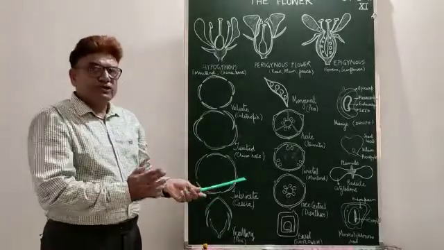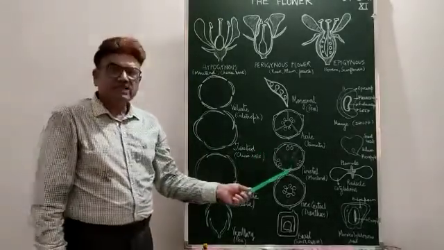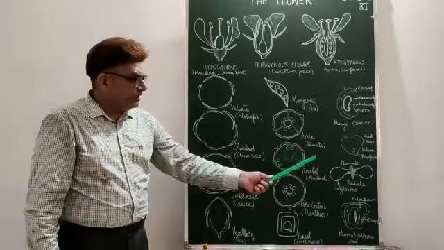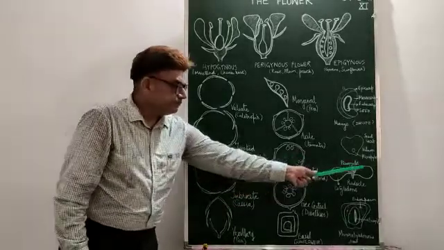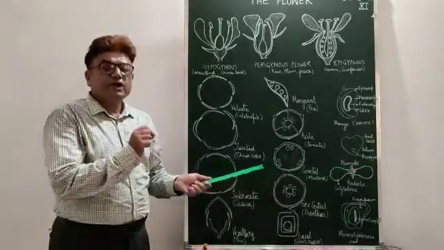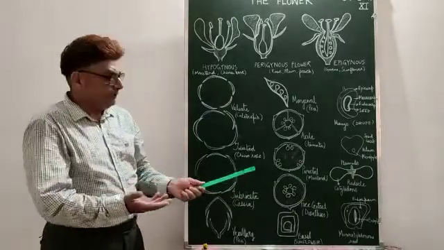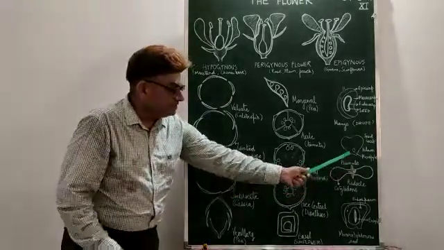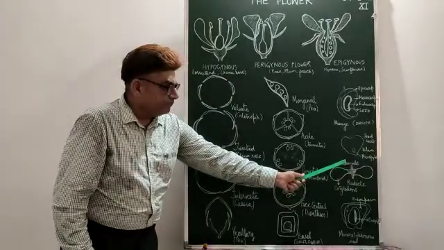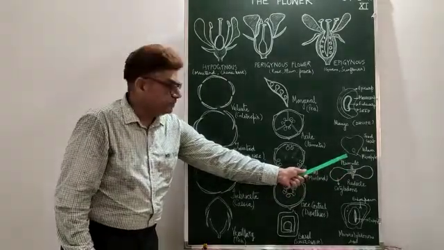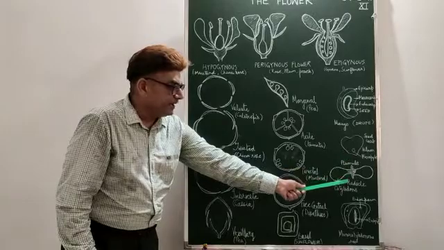When we remove the seed coat, if it is a dicotyledonous seed, we can observe two cotyledons. These are filled with reserve food substances, obviously for the developing embryo, and this is the embryonal axis, which has two important parts: plumule and radicle.